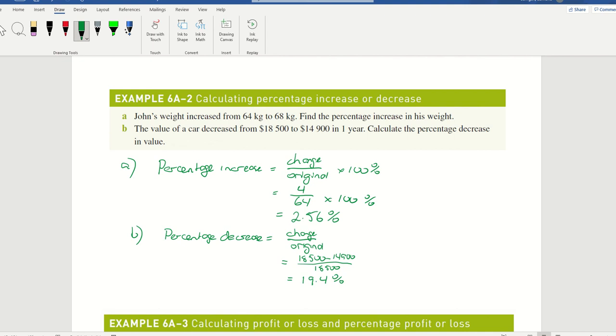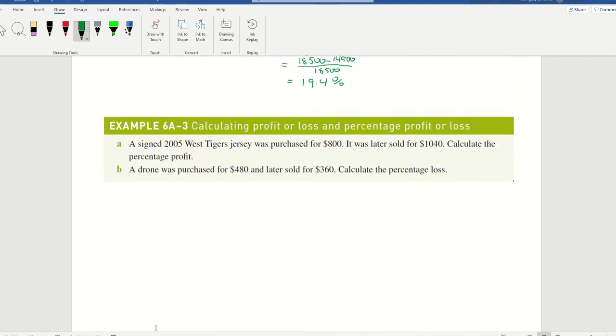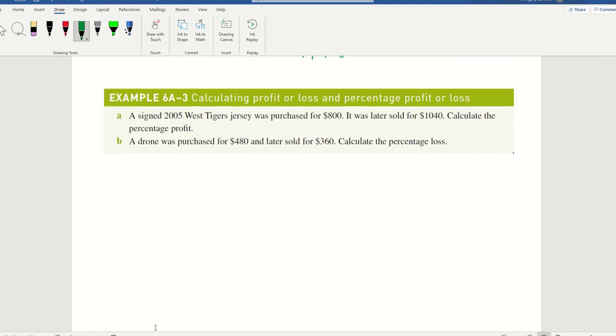Okay, calculating profit or loss and percentage profit or loss. So we've got a 2005 West Tigers jersey purchased for $800. So it was bought or paid equals $800, and it was sold for 1040.